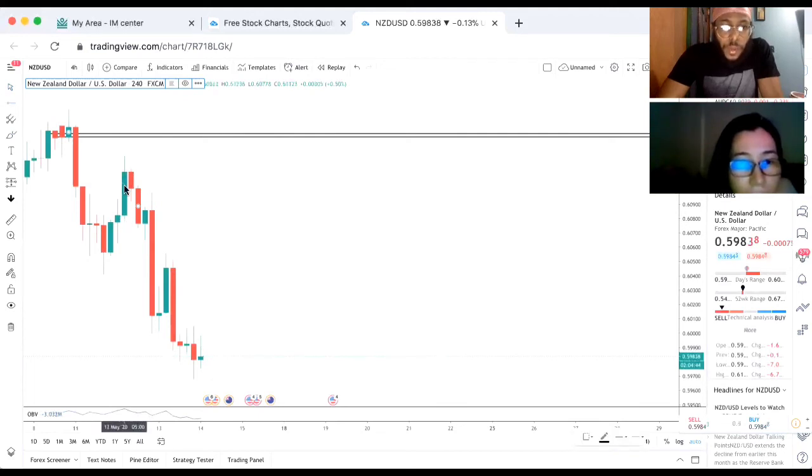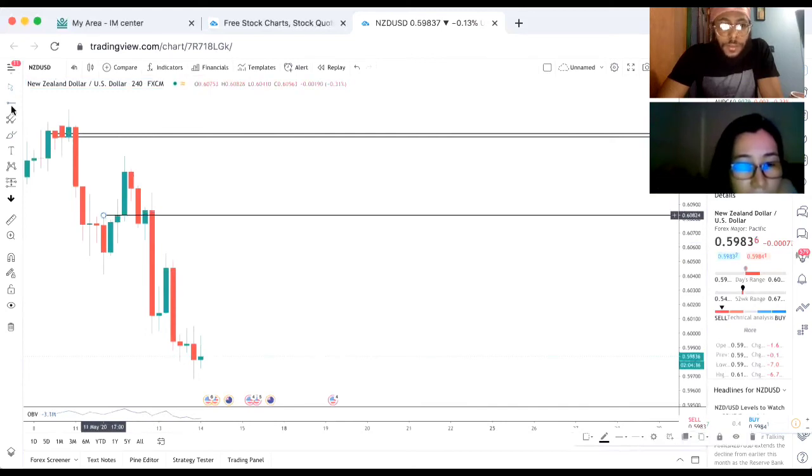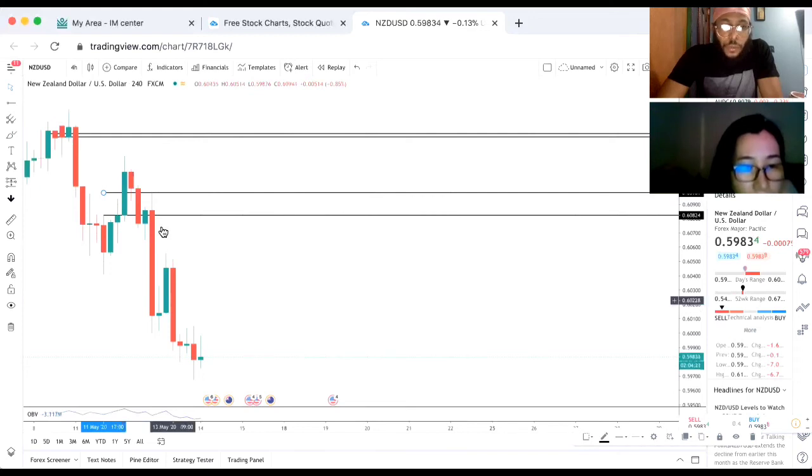This green one is the last green before the whole push down. So we'll mark up the bottom of that, and we'll mark the middle. That's what we're looking for: the last green candlestick before the push down.